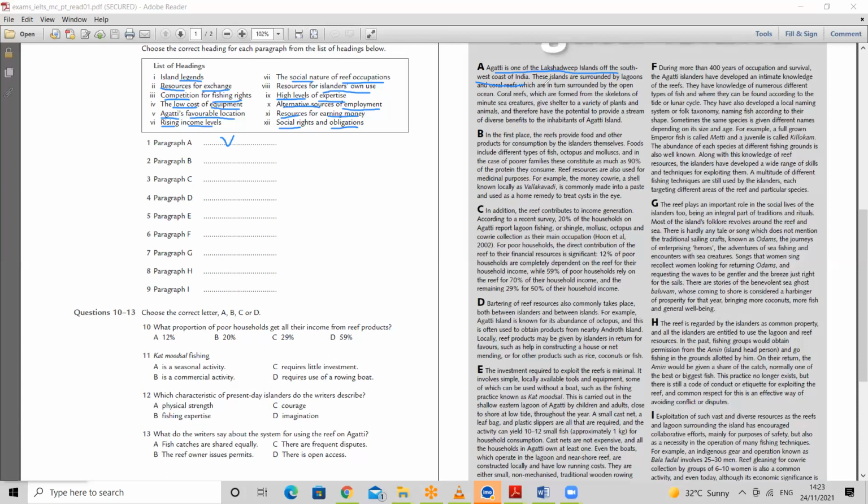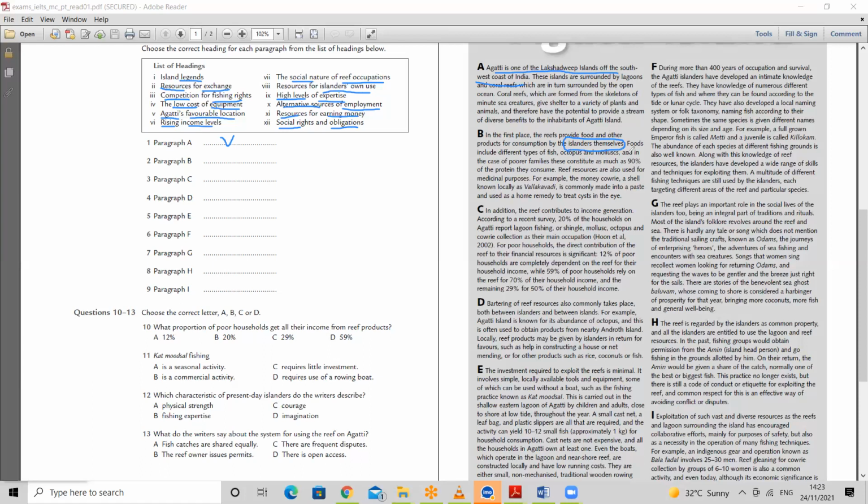So whatever they produce is for the islanders. They use it for themselves. It means that whatever they produce is only for the people of the island. It's not for the people outside.